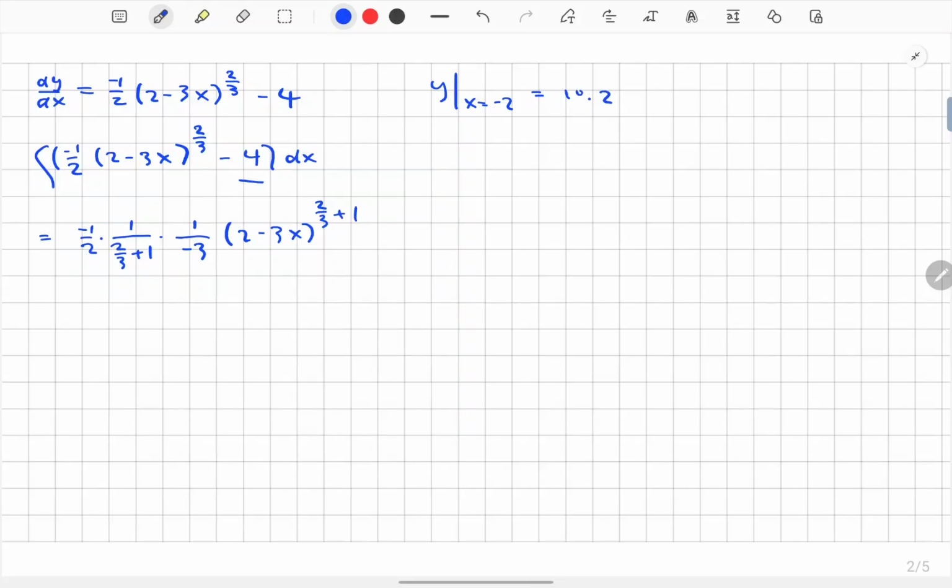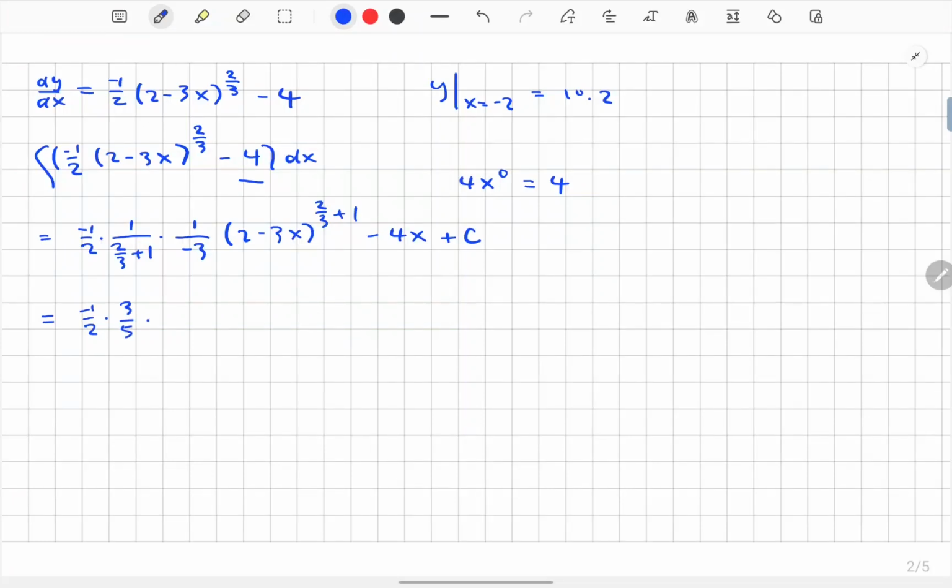And the 4 here, we can think of 4 as 4x to the power of 0. This equals 4. And we'll plus 1 in our power, so it will become 4x to the power of 1, or 4x. And the same, we'll plus c. We'll go ahead and simplify this. Negative 1/2 remains the same.